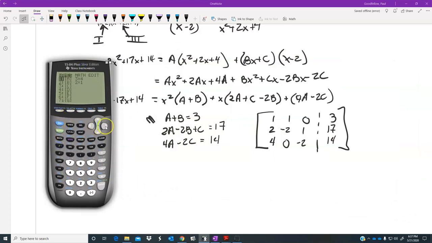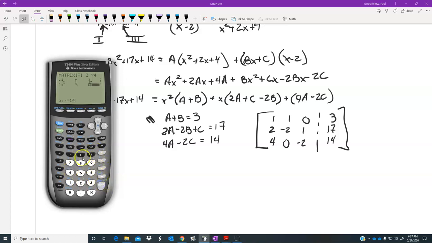Second matrix, it still happens to be 3 by 4. How wonderful is that? So no big deals. 1, 1, oops, that's 11, 1. That's not 1, 1. 0, 3, 2, let's go -2. 1 and 17 with a 4, 0, -2, and last but not least a 14.